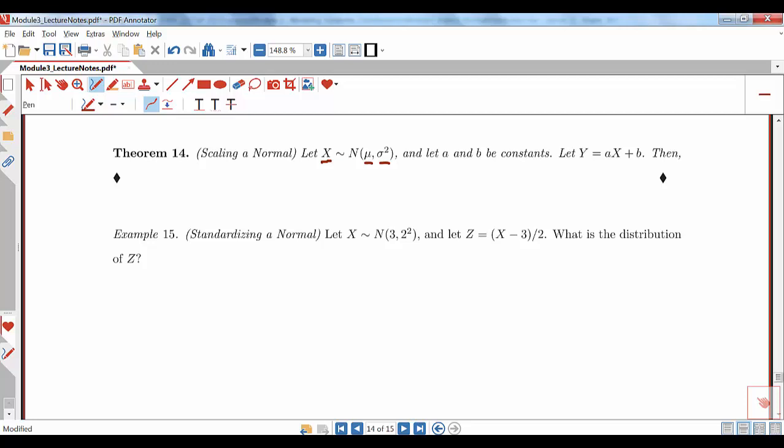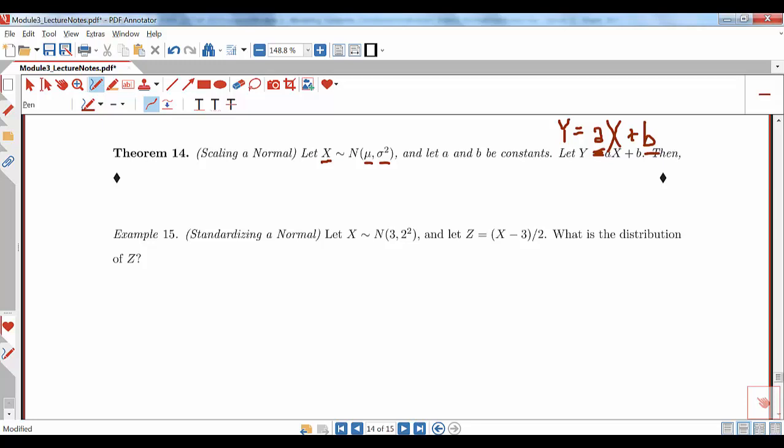What if we took that random variable and multiplied it by a constant, so ax, where a is the constant, and then added b to it? All I'm doing here is a linear transformation of a random variable. I'm multiplying it by a, so maybe I'm stretching or shrinking it, and then I'm moving it left or right.